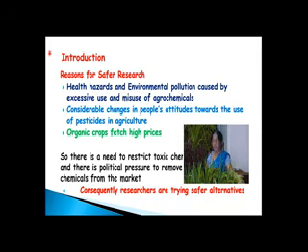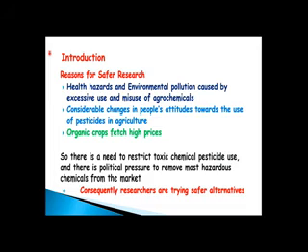You all know that. There are also considerable changes in people's attitudes towards the use of pesticides in agriculture, and organic crops fetch high prices. So there is a need to restrict toxic chemical pesticide use, and there is political pressure to remove the most hazardous chemicals from the market. Consequently, researchers are trying safer alternatives.